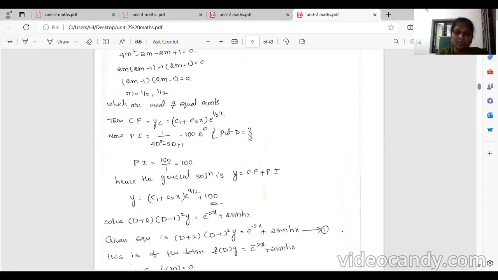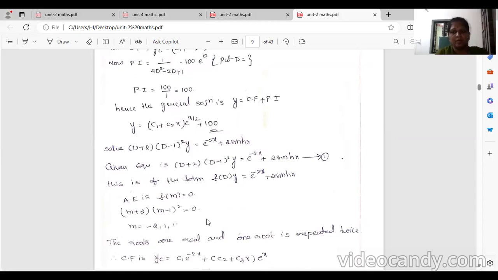Put D = a, where a equals 0. Substitute D = 0; f(a) is not equal to 0. So 100 by 1 equals 100. This is the particular integral. Then the general solution of the given differential equation is (c1 + c2 x) e^(x/2) + 100, complementary plus particular.